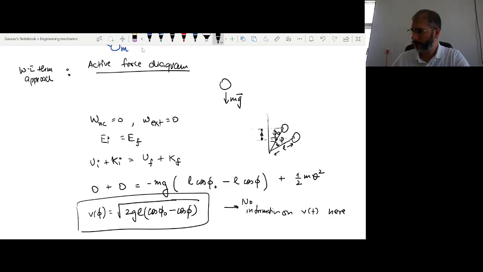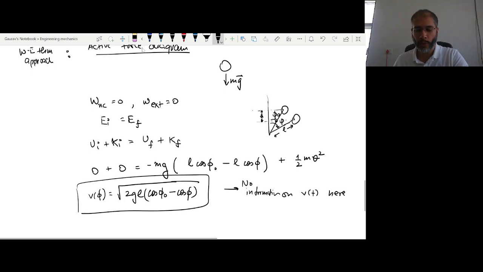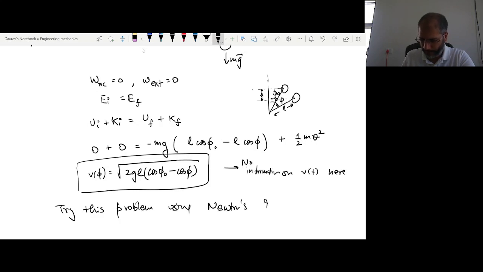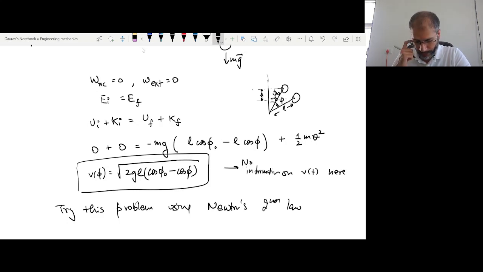Now what I'll suggest to you is to try this problem using Newton's second law, and then you will appreciate the simplicity that the work energy theorem can bring to the problem if you try solving the same problem with the Newton's second law approach.